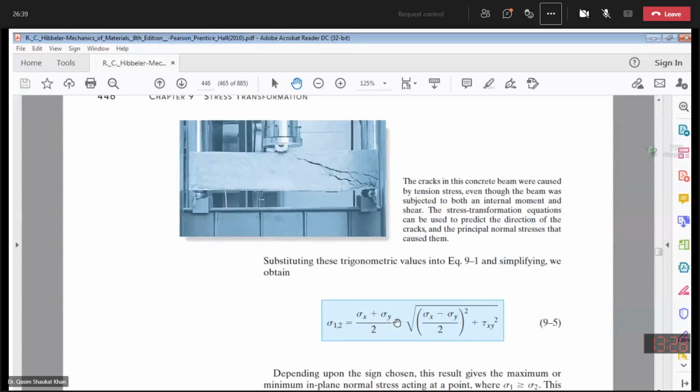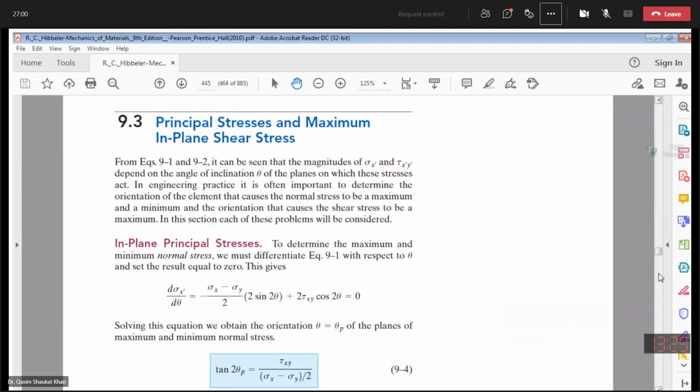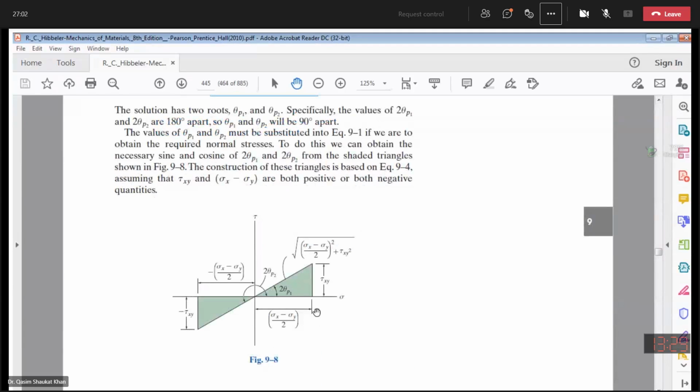And in the second part, which was sigma x minus sigma y over 2 cos 2 theta plus tau xy sine 2 theta, that part is basically your resultant or the radius. Over here at present we will say it's the resultant of this triangle.